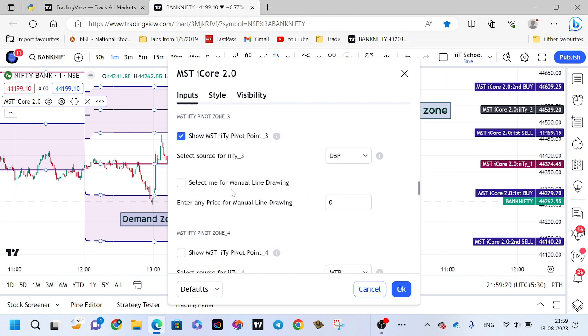And what about this manual line drawing? Suppose you know some mathematical calculation, or you feel the market will not cross 45,000 today, or 45,000 is some astrology number or important number, then you can just enter that number and enable this. Automatically the lines will be formed for you.